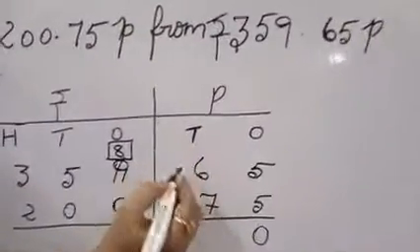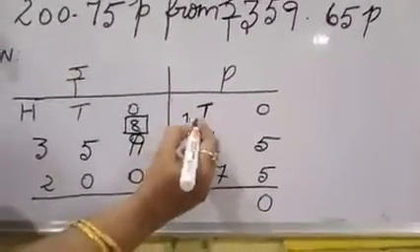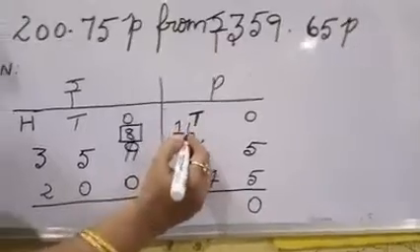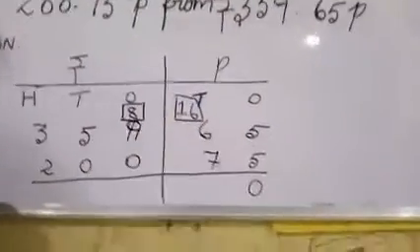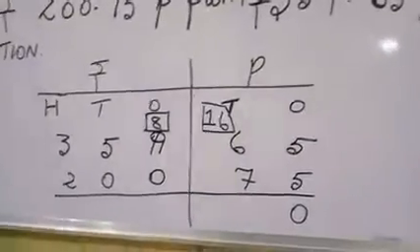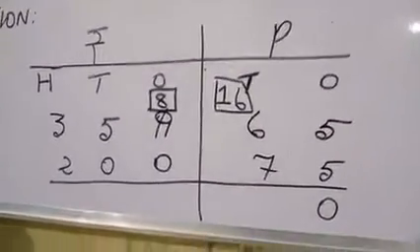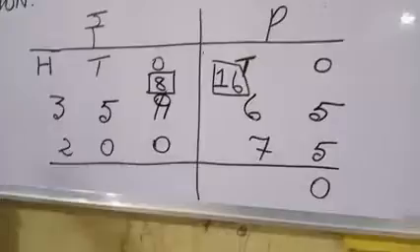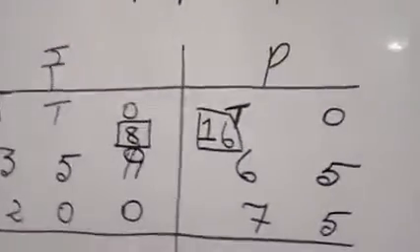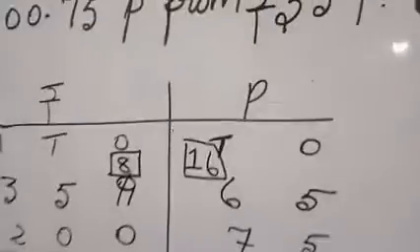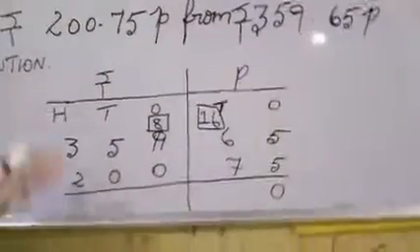So what comes here? 6 you have. So 10 plus 6, 16. Then which one do you keep in mind? 7 in the mind. After 7: 8, 9, 10, 11, 12, 13, 14, 15, 16.